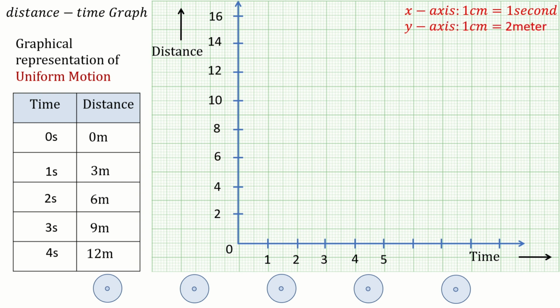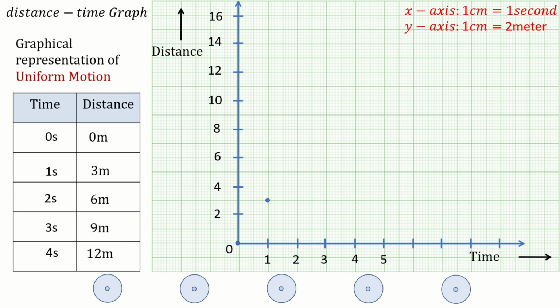This plane is called the distance time plane. Now let us use the values of distance and time of an object under uniform motion and plot those values in the distance time plane.